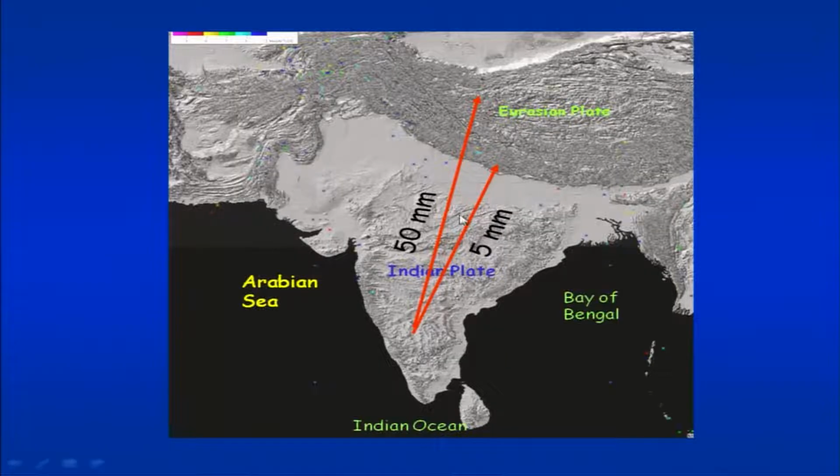So, 5 millimeter per year out of 50 millimeter is consumed by the entire Indian plate, whereas the consumption across the Himalaya, which we can say is the collision zone where two plates are colliding, is a maximum of 20 millimeter per year.